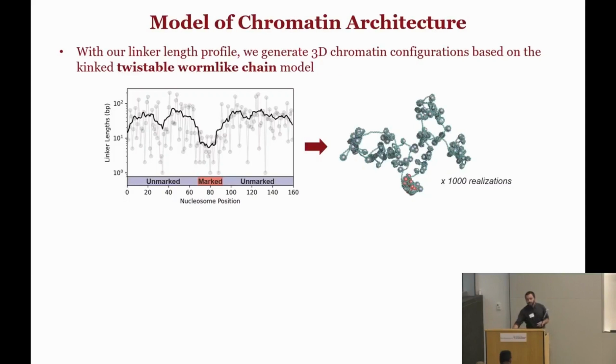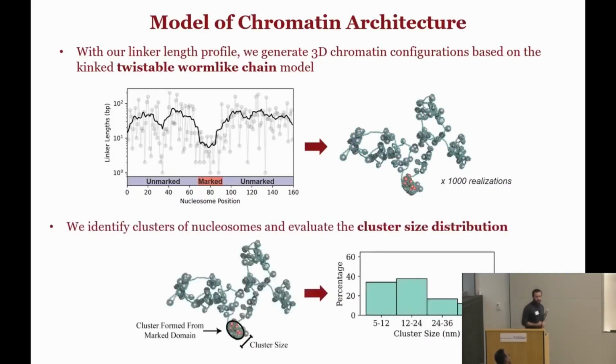So we have this chain growth algorithm that's very efficient, and we can generate thousands of realizations for a single linker length profile. And from these realizations, we can evaluate cluster size distributions. How large are these nucleosome clusters that result from residual amounts of H3K9Me3 marks in euchromatin?